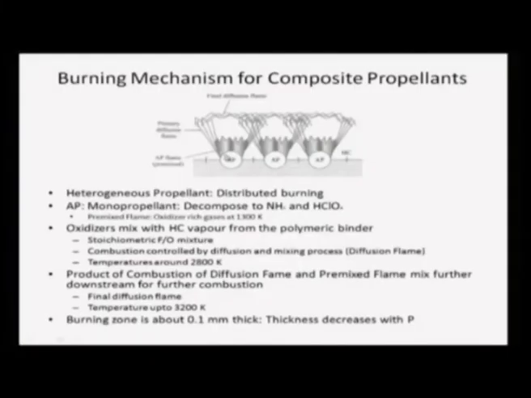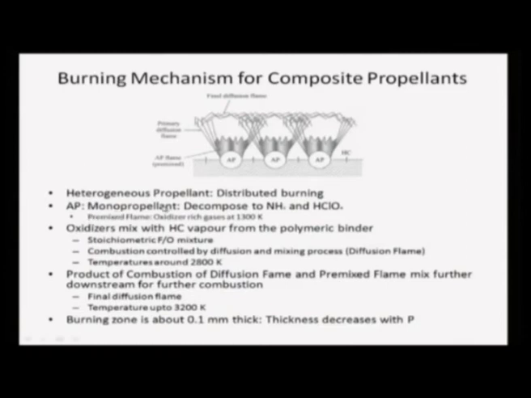So, it is like a premix flame. When it is heated, it will burn releasing this vapor in a premix flame, and this is a fuel lean flame. Therefore, oxidizer rich gases will be released after it is burned, and typically this temperature will be about 1300 Kelvin.